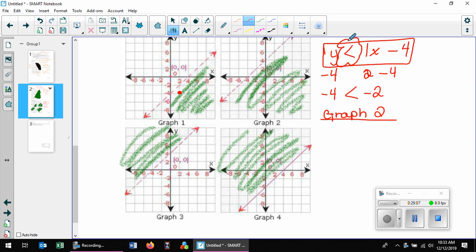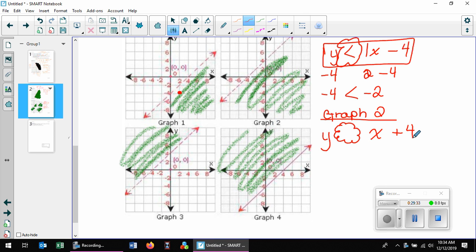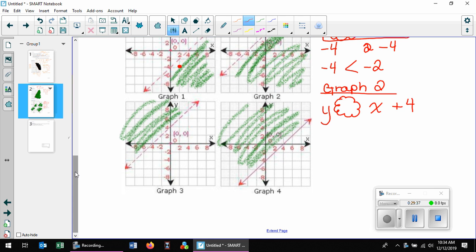So on graph 2, what are the parts of my equation? I've got a y, I've got a fluffy cloud. Is my slope still 1? Because it's still rising to the right, so I know it's a positive slope. Over 4, up 4, so that's just 1. And I cross at a positive 4 this time. So now we have to figure out which way my inequality goes.